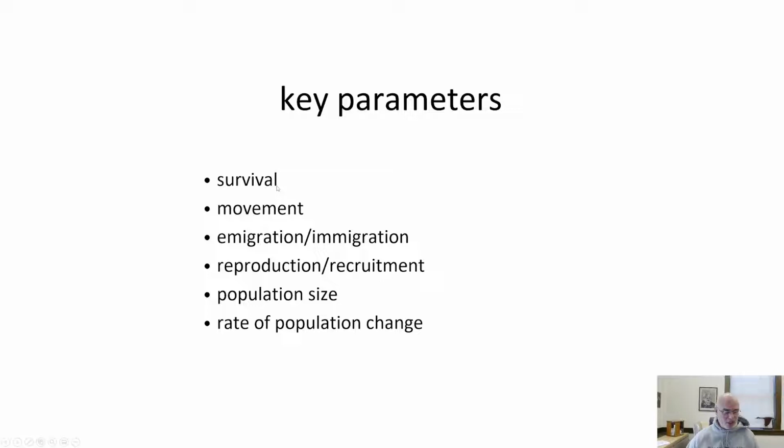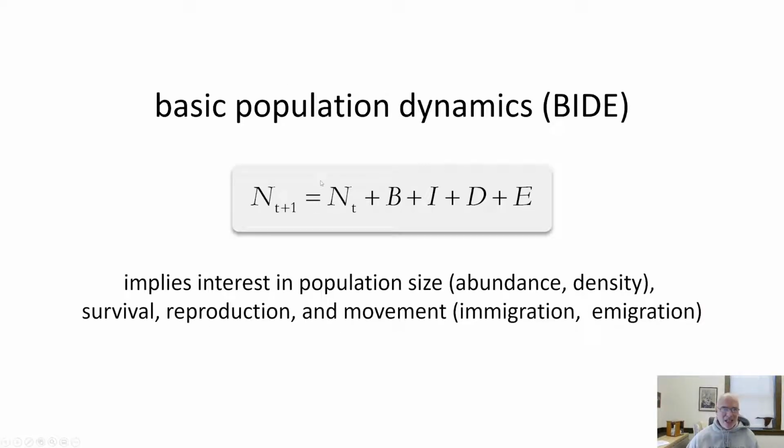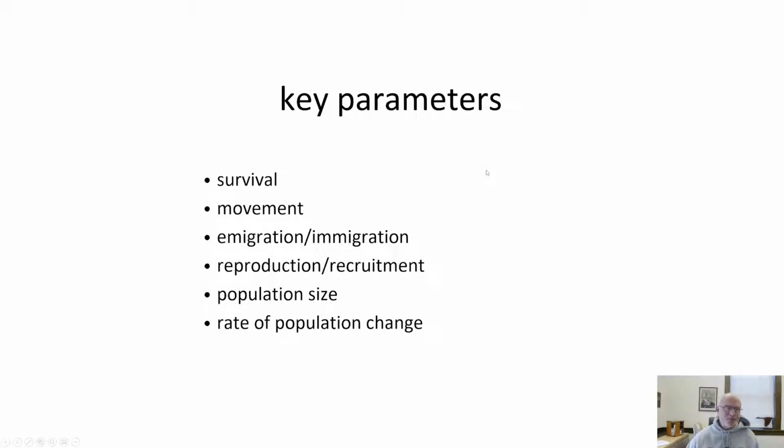How many of the individuals that are alive now are alive and available in the population the next time step? Movement, individuals moving in and out of populations, related to emigration and immigration processes. New individuals arising because of reproduction and recruitment. Recruitment, the probability that an individual born stays in the population. The size of the population, the rates of population size. So these are all key parameters that we see in this BIDE equation, either explicitly or implicitly.